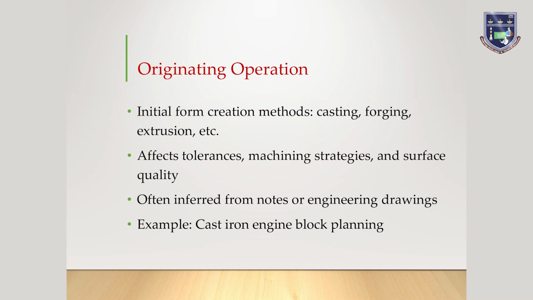For instance, a note like cast pattern number here suggests that the workpiece is produced through the casting process. Similarly, when working with metallic components, recognizing whether a part is forged, cast, or extruded helps the engineers to determine the necessary machining allowances, potential defects, and process variations.